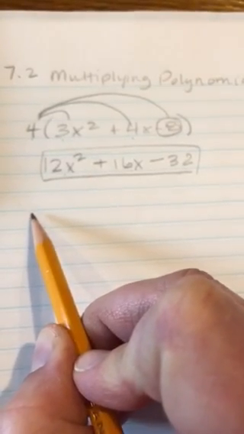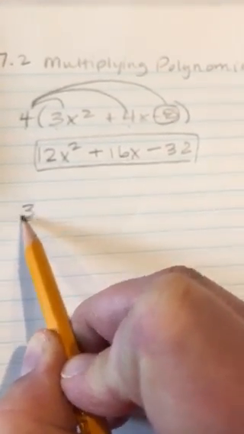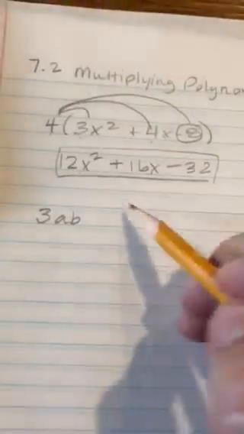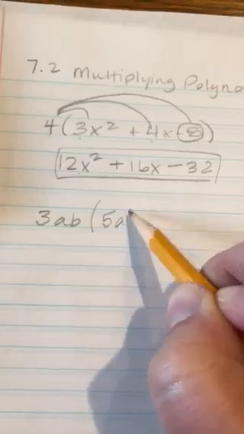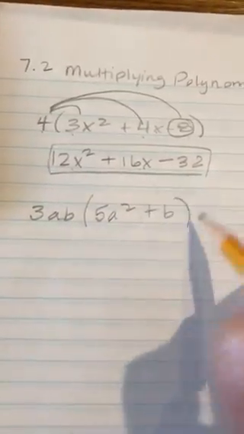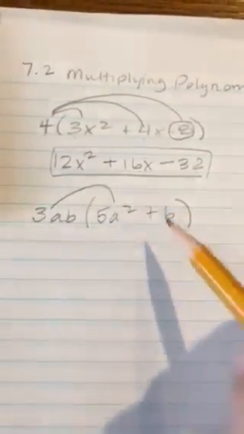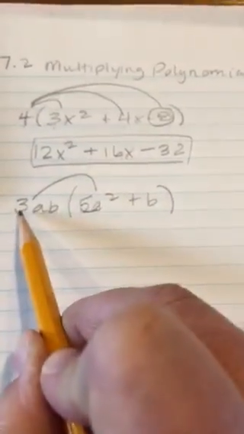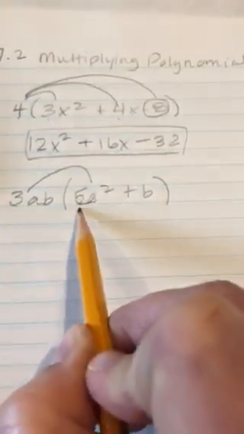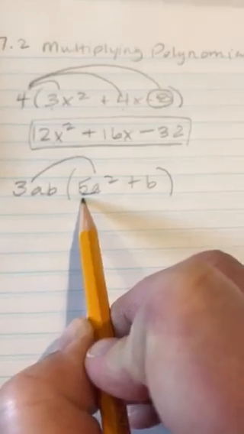So if we have 3ab outside of 5a squared plus b, 3ab gets distributed inside to both terms. So let's go ahead and distribute 3ab times 5a squared.